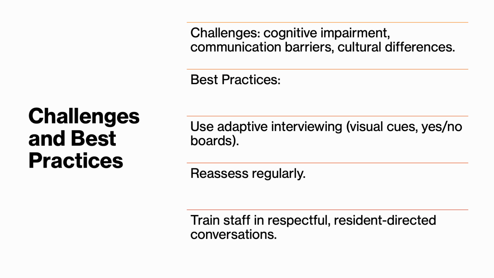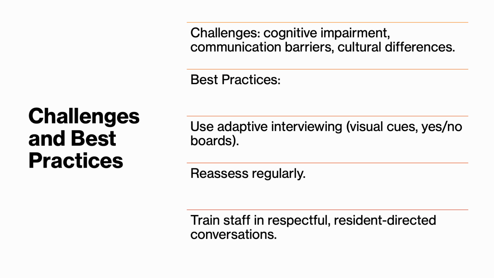Challenges and best practices. So some challenges, as we've talked about, cognitive impairment can affect their ability to effectively answer the questions. There could also be communication barriers. So if the resident speaks a different language, I've had to use a language line before, which is available for a variety of different languages.